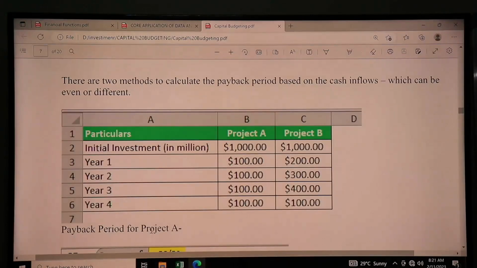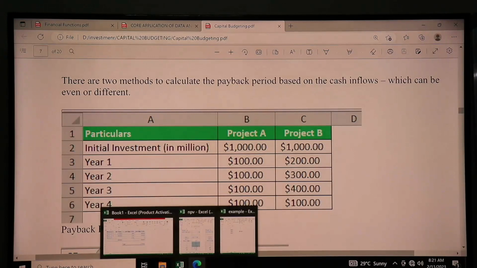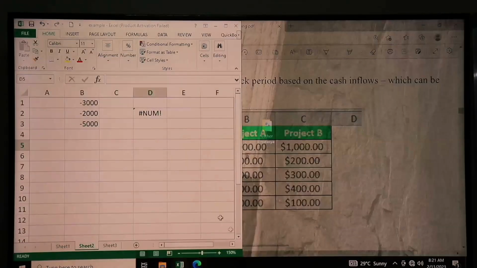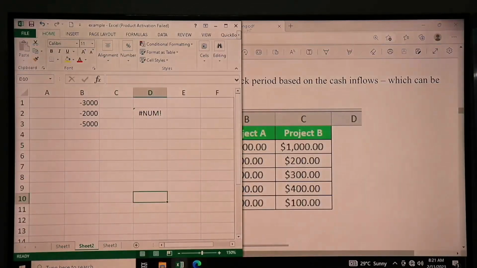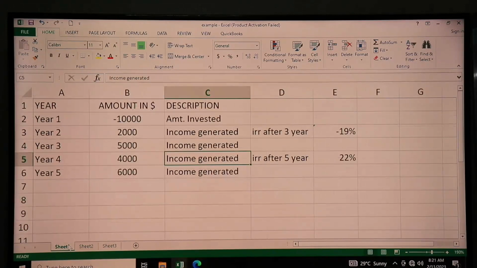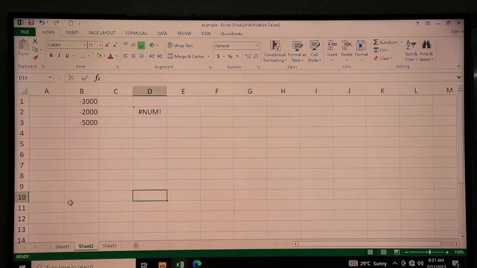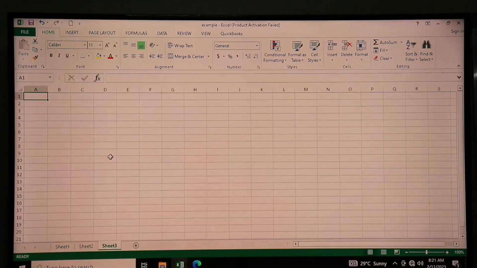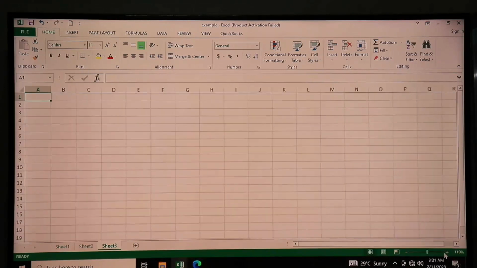Here is the payback period for project A. We are given this project here. We can just try this in the third worksheet. What are we having here?